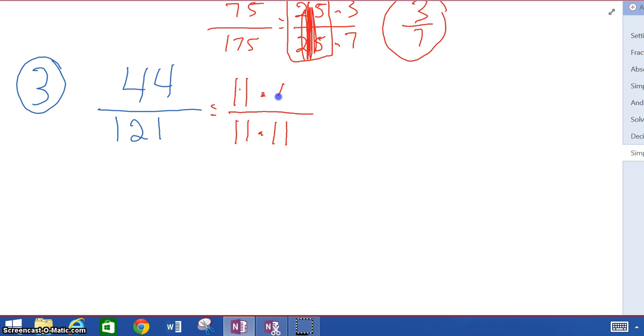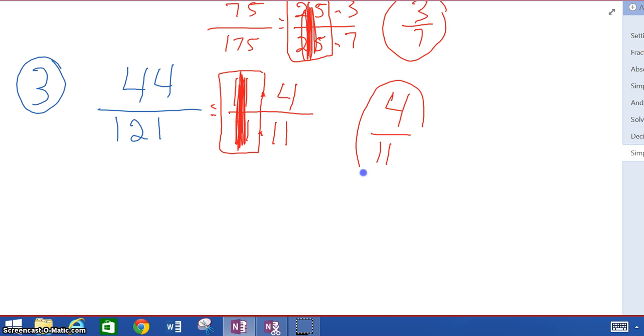Yes. 11 multiplied by 4. 11 is my common factor, and it only reduces once. You can cross out both 11s. So my final answer, my simplified fraction, is 4 over 11. Again, these two are equivalent. They have the same value, even though they look a little different.